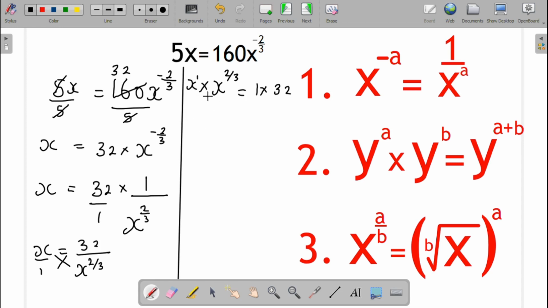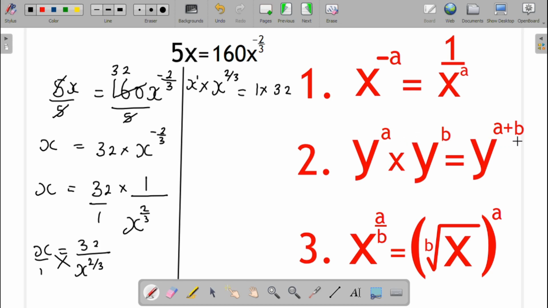Good. Now, at this junction, we are also going to apply one of the principles of indices: if you have an unknown number y raised to power a times y raised to power b, this is equal to y raised to power a plus b. In this case, you choose one of the similar numbers, y, and since they are joined by times, you add the powers.